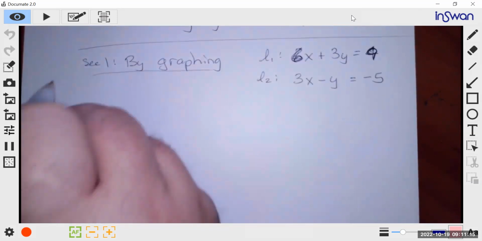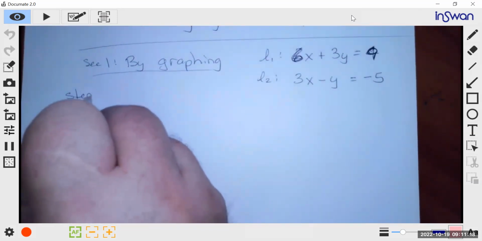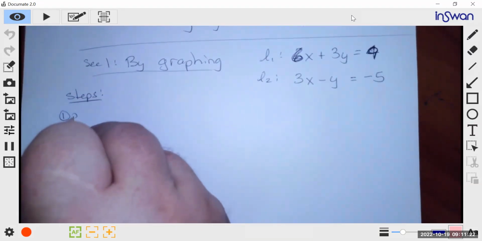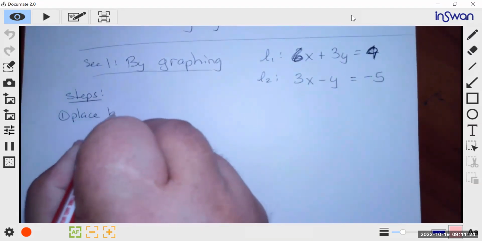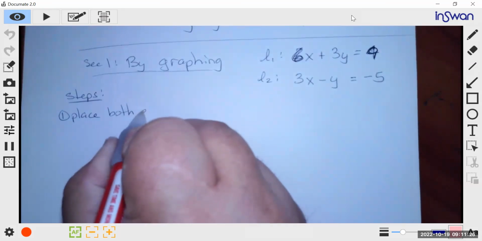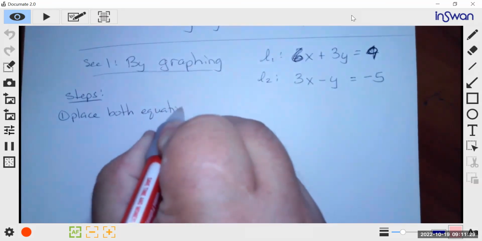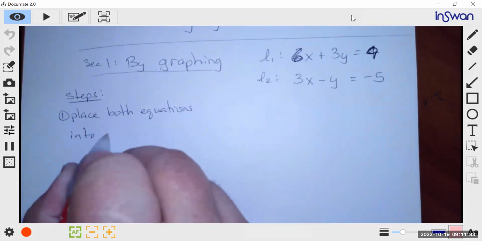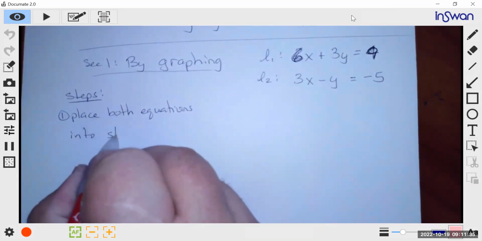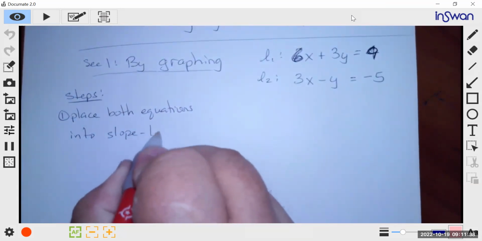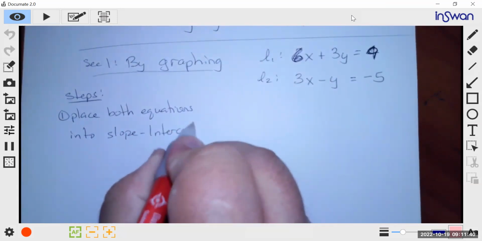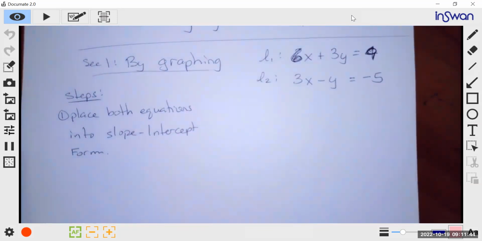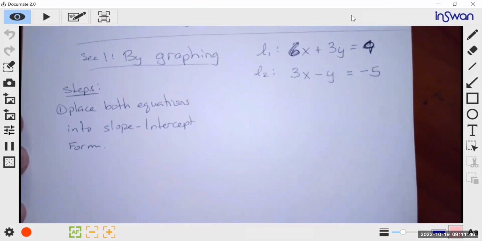The graphing method, here are the steps. Place both equations into slope-intercept form. What is the slope-intercept form?